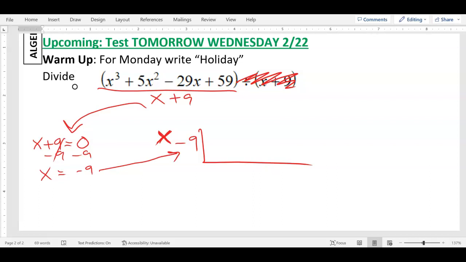What's implied? Yeah, there's a 1 here, okay? And then the next one we have is 5. We got 1, 5, negative 29, positive 59. Let's write those down. 1, 5, negative 29, 59.